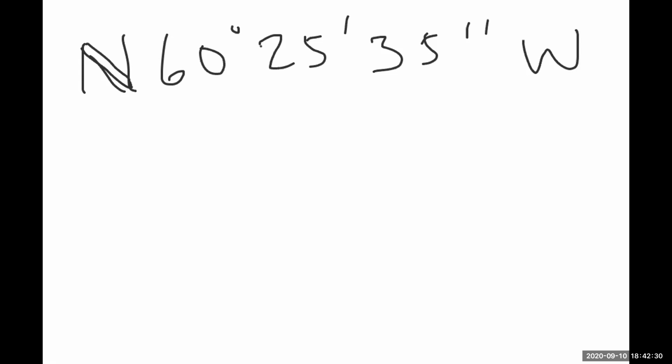So you need to be able to convert the two. If I need to convert this into azimuth, I pull it into 3 equal parts, but first I want to look at what quadrant I'm in. So I'm in the northwest quadrant, so that's quadrant number 4.